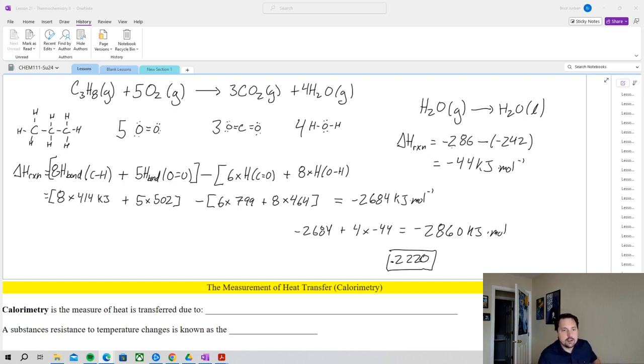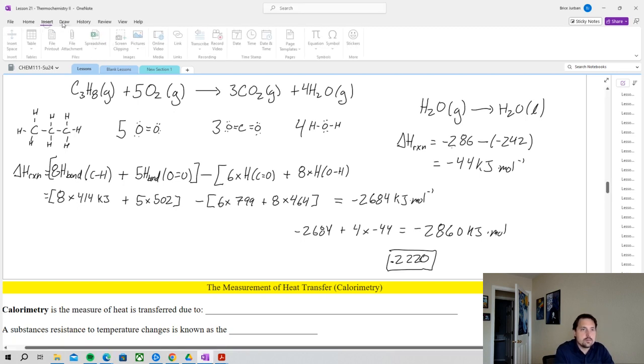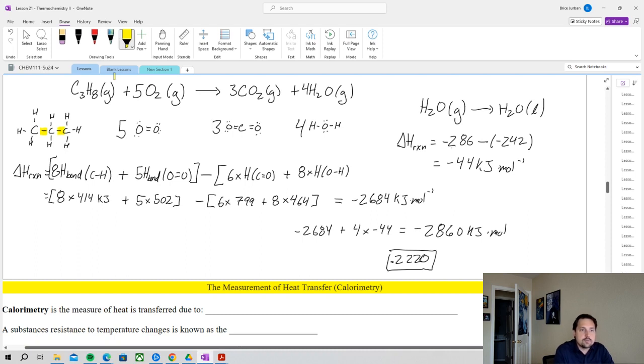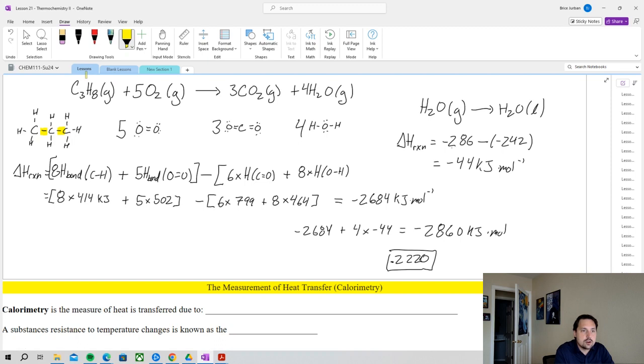Oh, I know what I forgot. I forgot the carbon-carbon bonds. So there are also these bonds here that I didn't account for. Okay, so there's two of them, two carbon-carbon bonds.